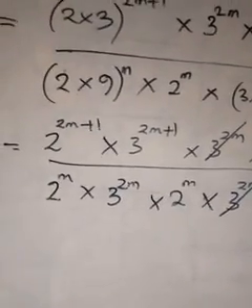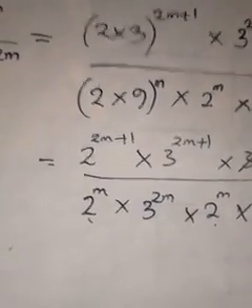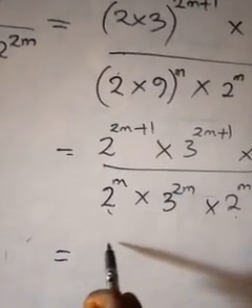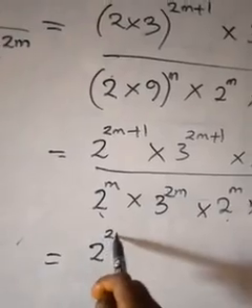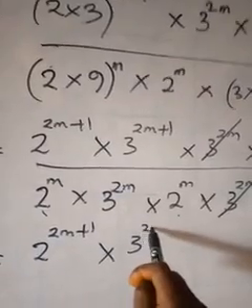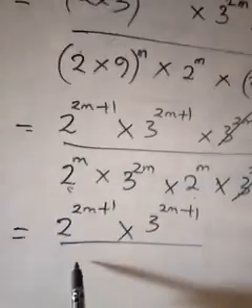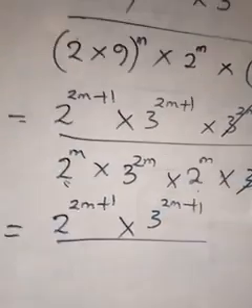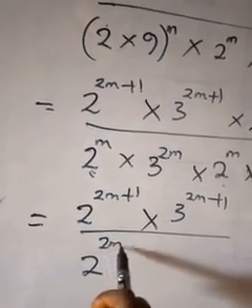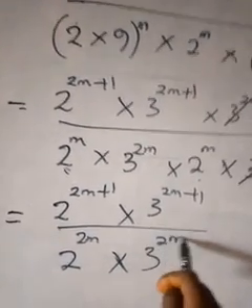Then we now look at the remaining one. If you look at this and this, we can bring them together. We can say 2 raised to the power 2m plus 1 times 3 raised to power 2m plus 1 divided by 2 raised to power 2m, and 2 raised to power m times 2 raised to power m will give us 2 raised to power 2m, multiplied by 3 raised to power 2m.